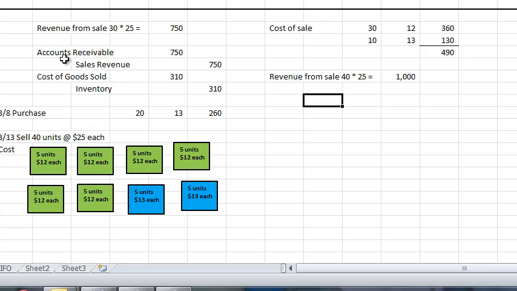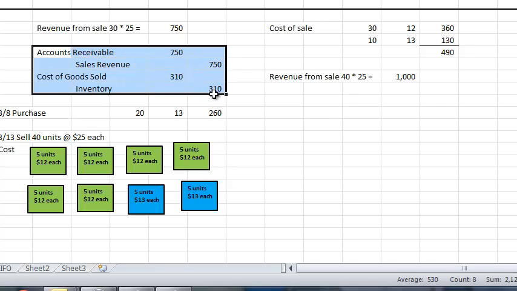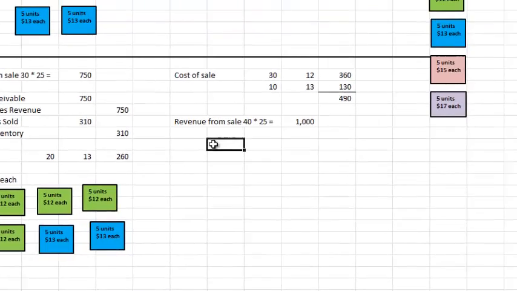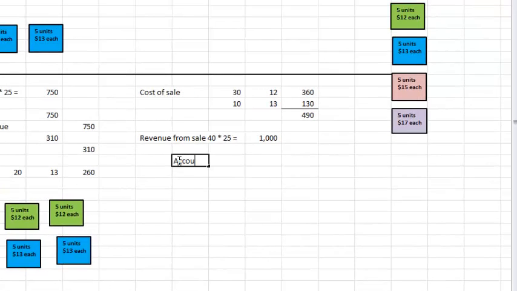Just like we did before in the other journal entry, it's this exact same journal entry as over here, except for different amounts. So we're going to debit accounts receivable for the 1,000 and credit sales revenue for the amount of the sales revenue, 1,000.